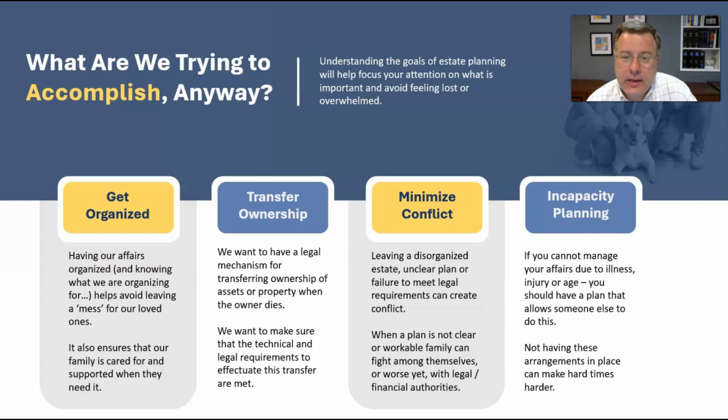The next thing that we really spend a lot of time thinking about, and again, there are different families with different dynamics, no two families are going to be alike, is minimizing conflict. So if things are not organized, if the legal mechanisms that we're looking at to transfer ownership are not clear or not valid or not set up properly, we're going to create fertile ground for conflict, right?